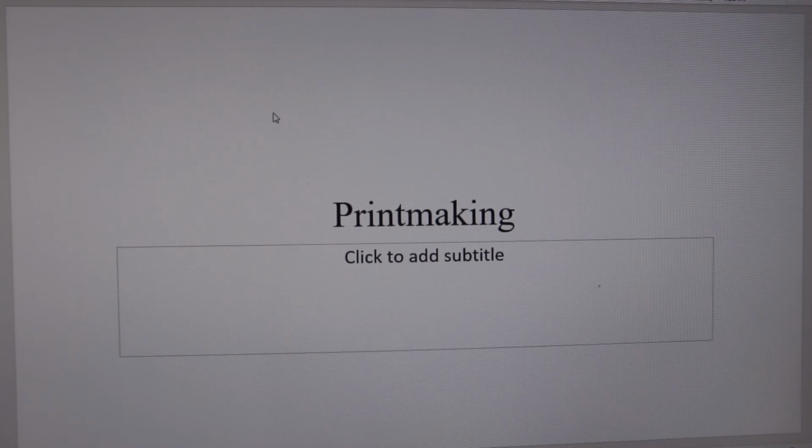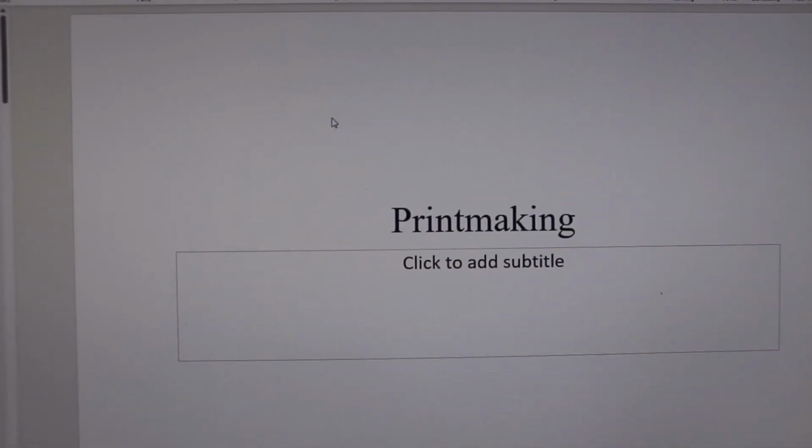The printmaking process lets artists create many images of the same thing, and throughout history it's been observed as an affordable way to communicate and share art. So it's about duplication and making things available to many people at one time.